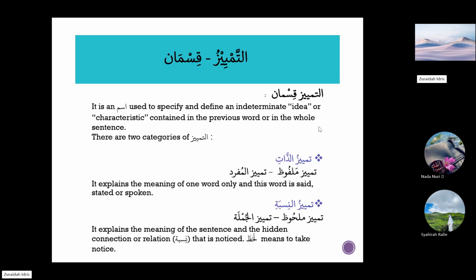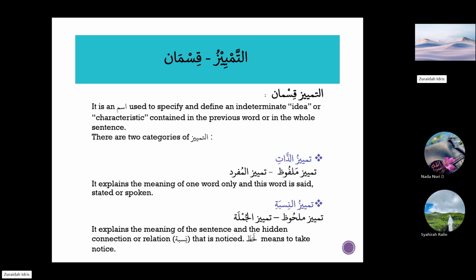Then we went on to say that there were two types of tamyiz. One that explains a word and one that explains the meaning of the sentence. We call this malfuz because lafaz is word, and nisbah because there is a connection. Sorry, malhuz, meaning there is something that we need to take notice of in that sentence.